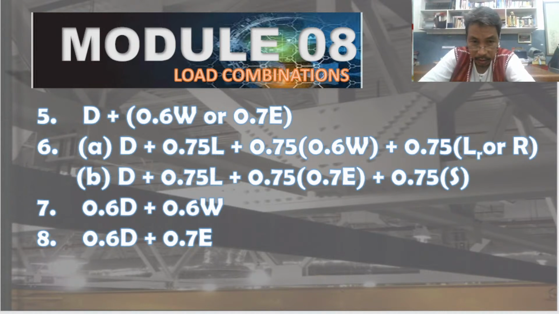So that is number 5, and what is number 6? Letter A, dead load plus 0.75 live load plus 0.75 times 0.6 wind plus 0.75 times roof live load or rain load. And letter B, dead load plus 0.75 live load plus 0.75 times 0.7 earthquake load plus 0.75 snow load. We do not have that, so we can immediately disregard this.